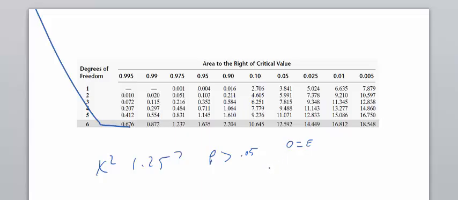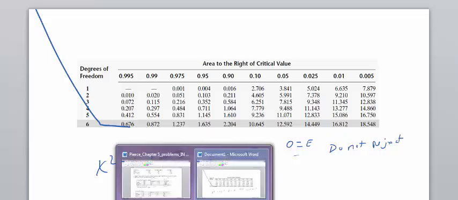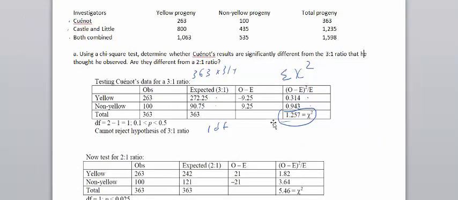So that's a high probability that O equals E. So we do not reject. Okay. So we cannot reject the hypothesis of a 3-to-1 ratio, because our p-value ended up being greater than 0.05.